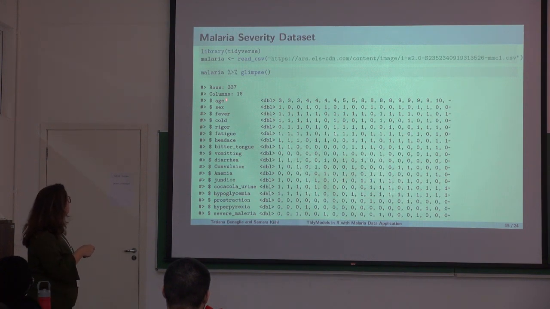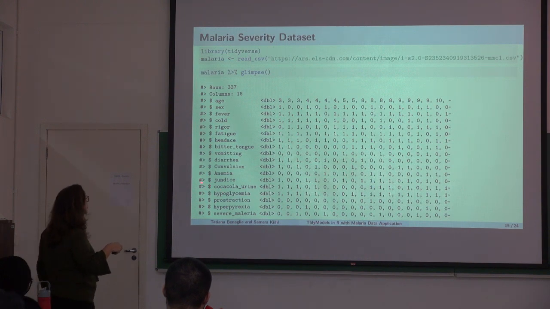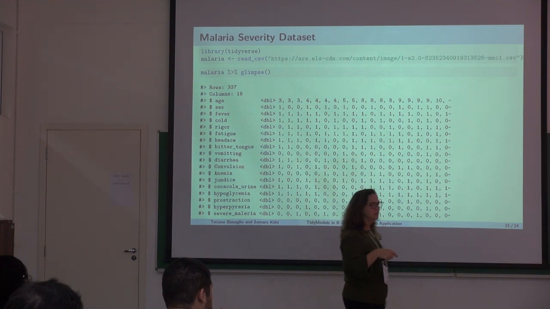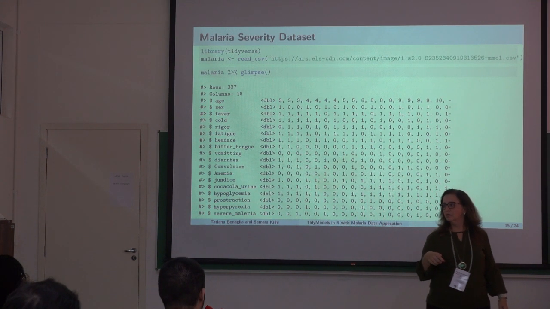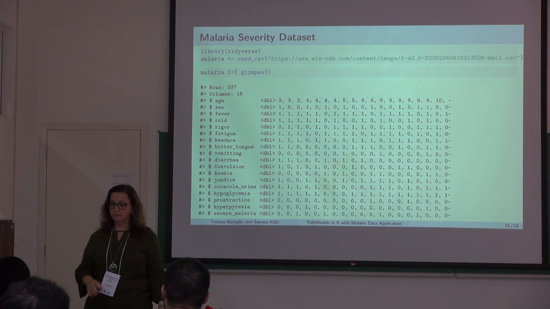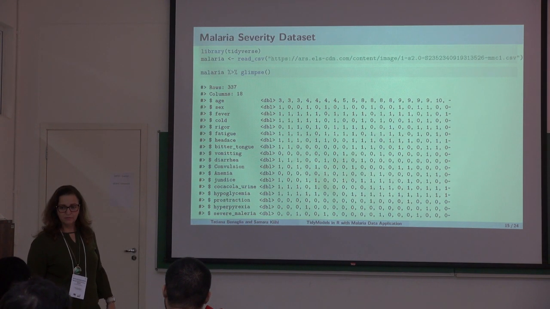Yeah. So age, and then lots of things that were observed. So the sex, fever, cold, fatigue, headache, vomiting, diarrhea, and so on. And then I was curious about this one. Coca-Cola urine. What's that? The color of the urine becomes dark.